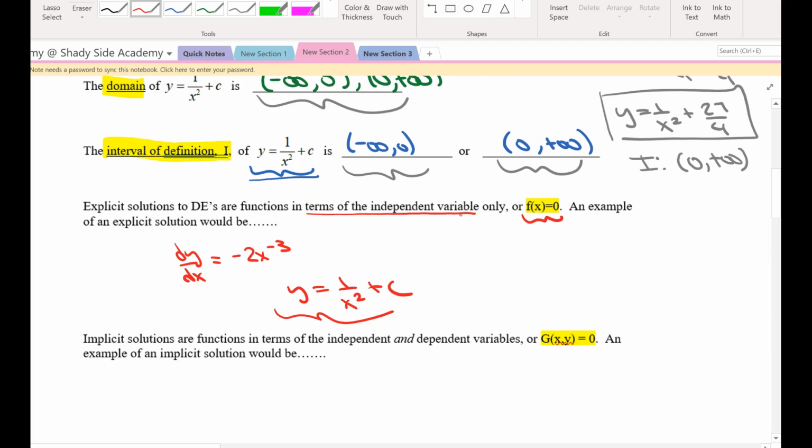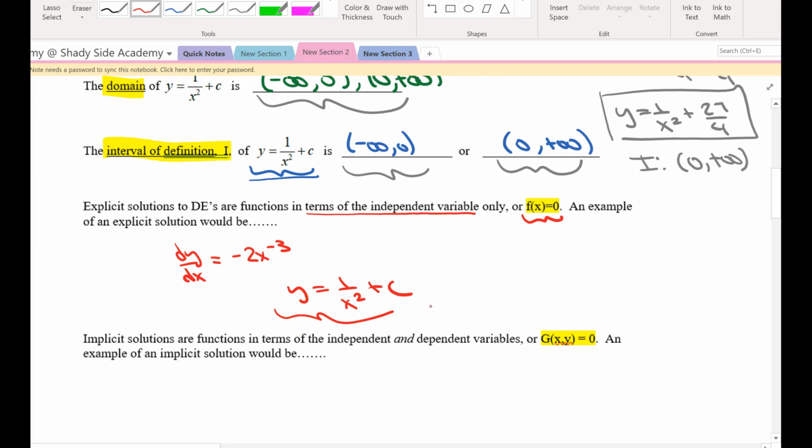All right. Now, notice here, I said explicit solutions can be expressed in the form f of x equals 0. What on earth am I talking about? Well, I'll tell you.